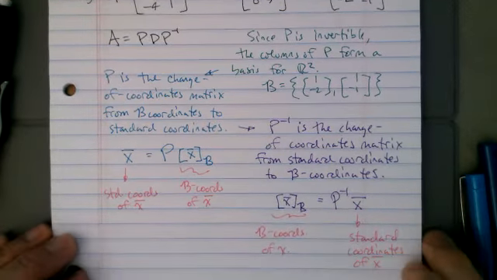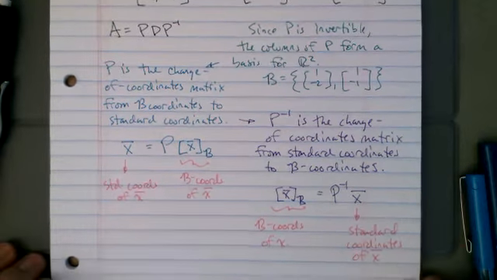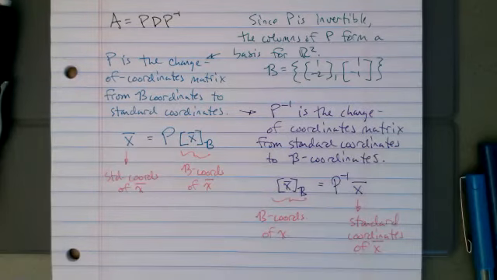That's just cool. The inverse does the inverse of what the original does. The matrix P turns B coordinates into standard coordinates, so P inverse should turn standard coordinates into B coordinates. If that didn't happen, none of this would be very useful.